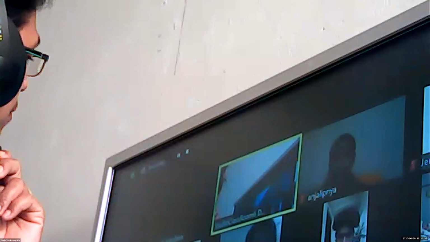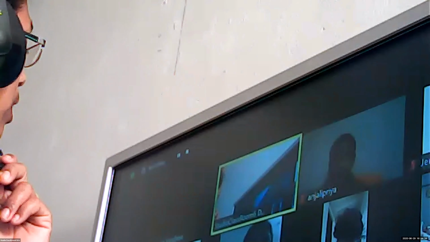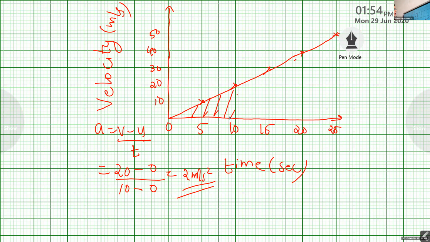Okay, students, can we go to the second question? Last 10 seconds. Last 10 seconds means from which time to which time? 15 to 25, very good. So this is the portion.